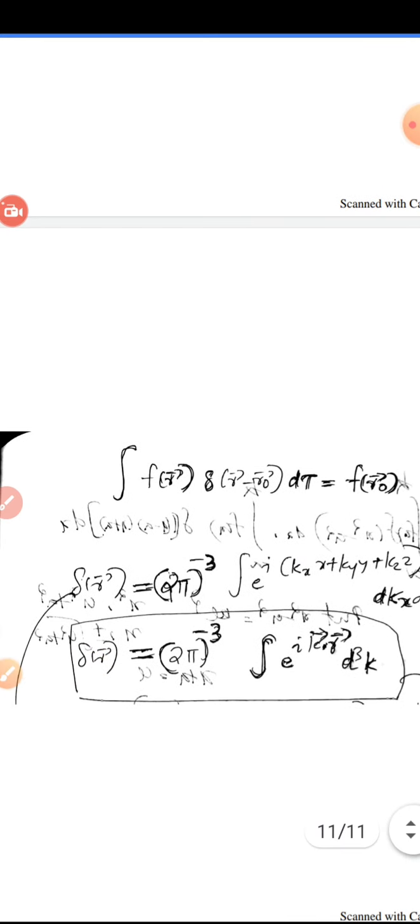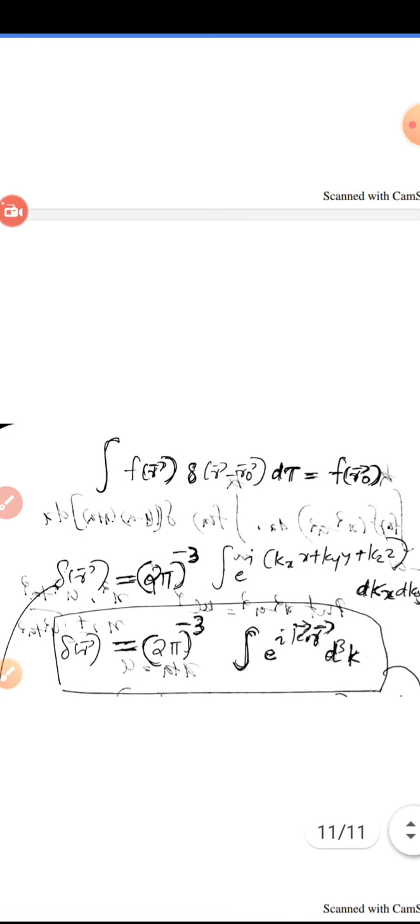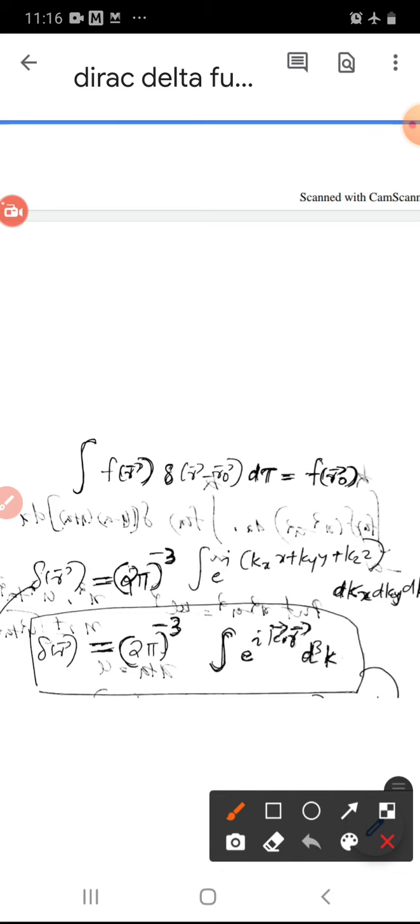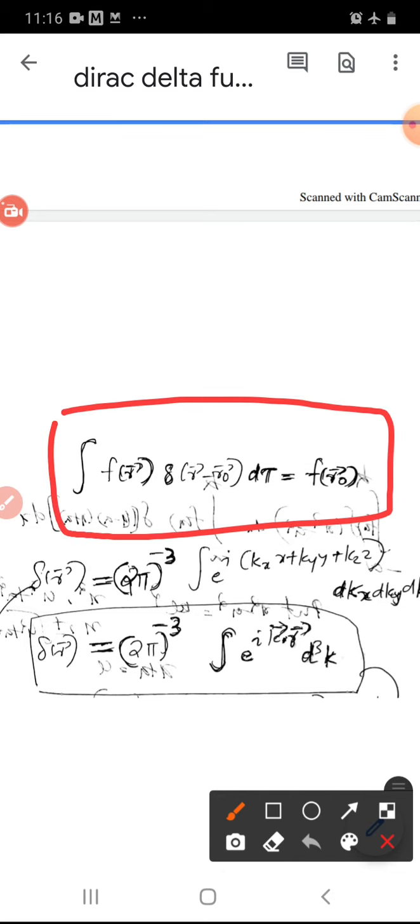Another interesting thing is the integral of f of r delta r minus r 0 d tau, which is equal to f of r 0.